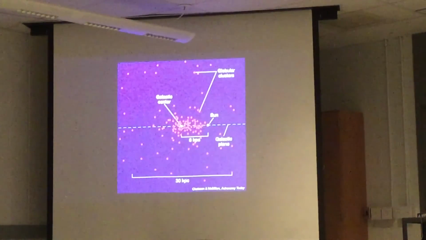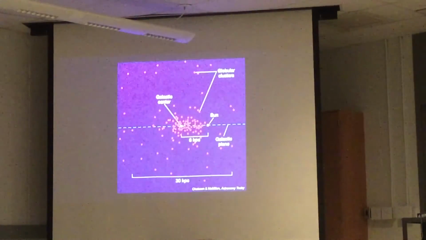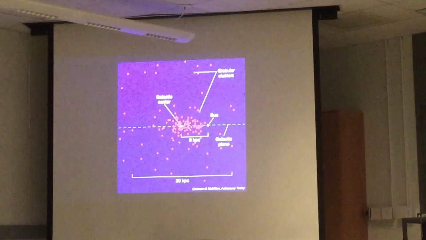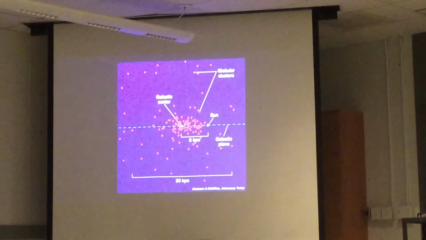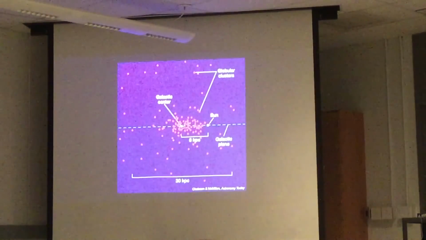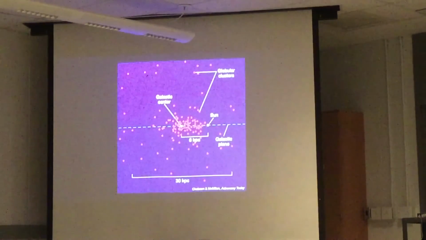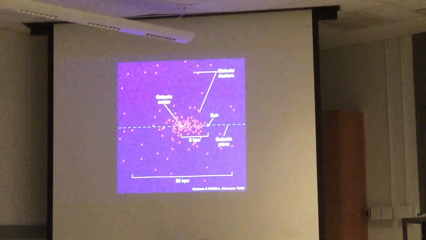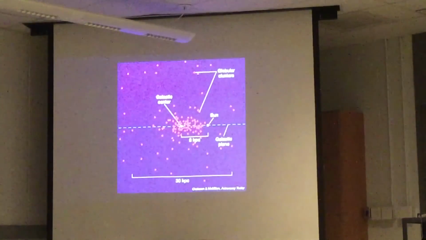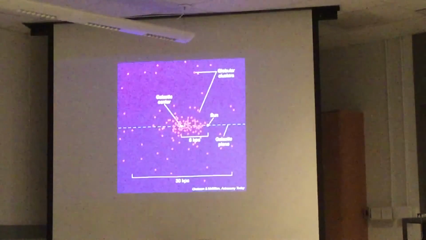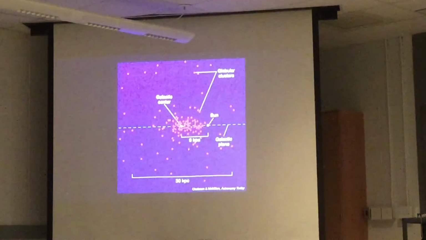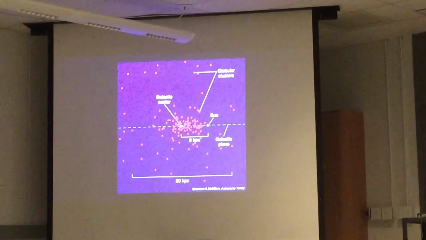Based on these observations, the sun is about 8 kiloparsecs, about 25 or so thousand light years, from the center of the distribution of globular clusters, and that's how we've located where the galactic center is, basically, by looking for the center of the distribution of globular clusters. So Harlow Shapley was the first person to do that.